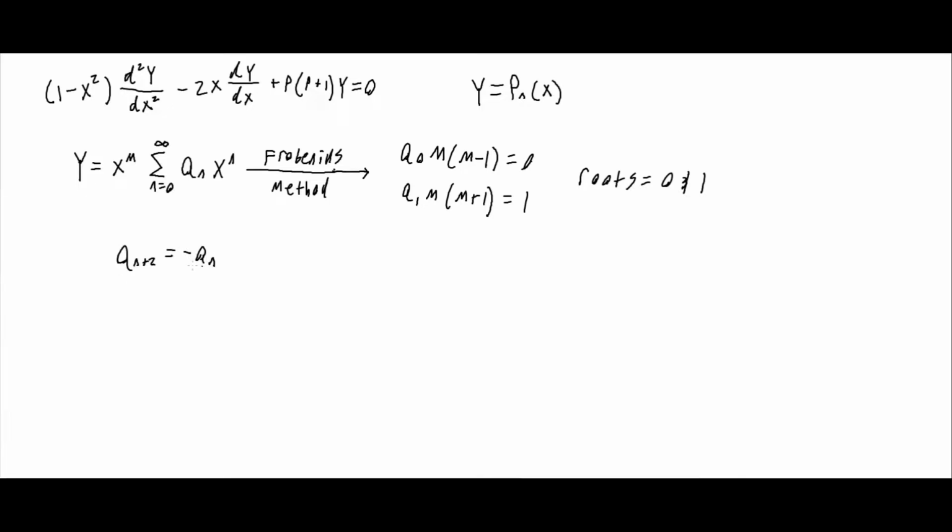We can get a_(n+2) in terms of a_n, and that will be (p minus n) times (p plus n plus 1) over (n plus 1)(n plus 2). And so we can get some coefficient two above this coefficient in terms of this coefficient.